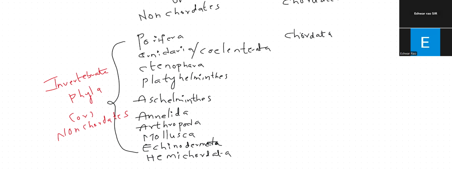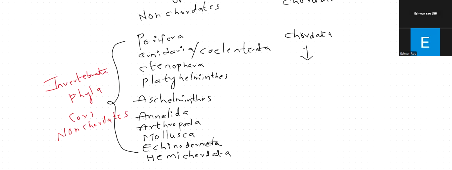In Chordata, we have different types of classes. Yes, many students get wrong here. If I ask what is amphibia, is it a class or phylum? Many students, without taking a time, say it is a phylum. Here is the mistake prone area.